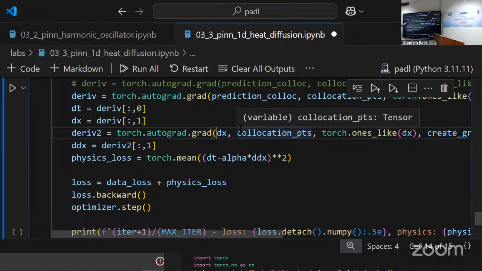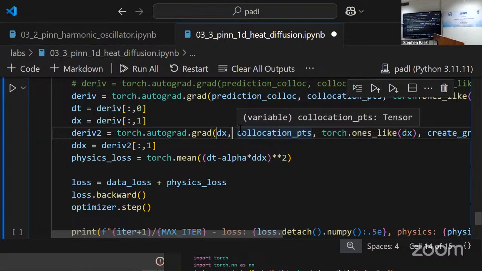The only time derivative in the heat equation is the dt term, so that part is complete, but for the second derivative, we need d2u/dx2. So du/dx gets fed into this PyTorch autograd, and we're taking the derivative of du/dx with respect to the collocation points. Again, we're using torch.ones_like so that we can extract the diagonal terms of the Jacobian.